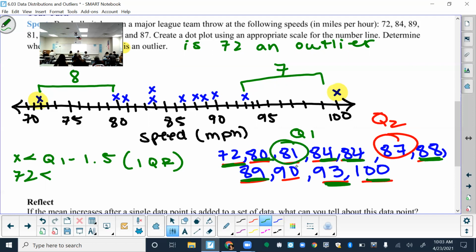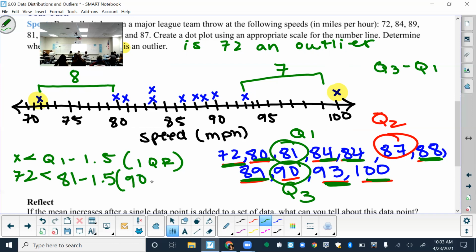So the Q3 is good. So fill in the rest of your formula. You said the Q1 was 81 minus 1.5 times the IQR. What's the formula for IQR? Good. So I'm going to write in 90 minus 81.